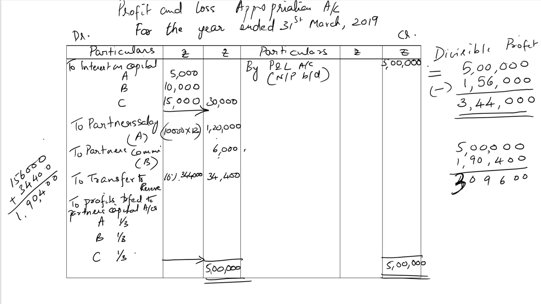So the amount which has to be shared among the partners is 3,09,600. We'll divide this amount by 3. Each gets 1,03,200.